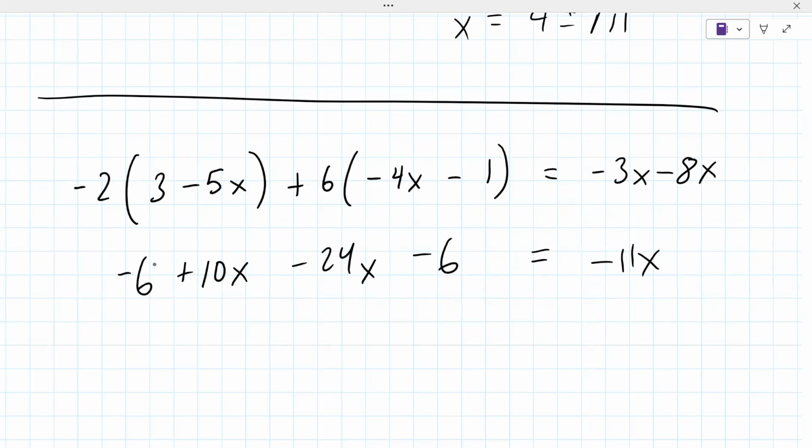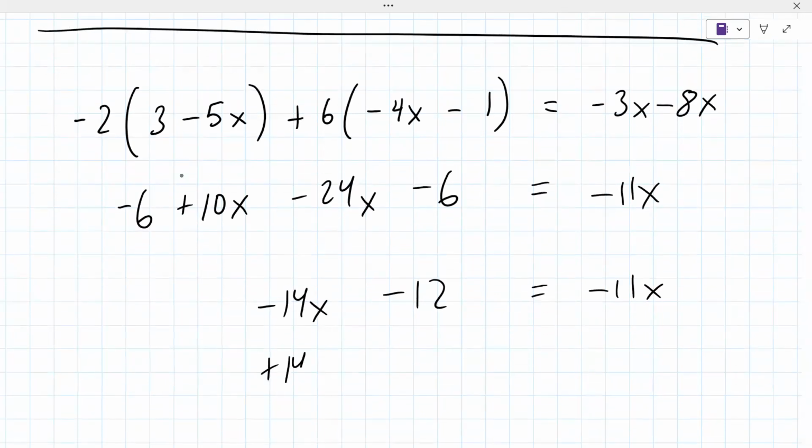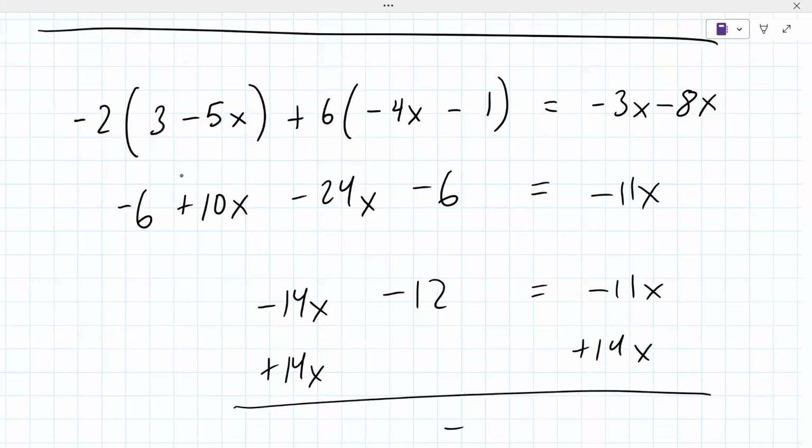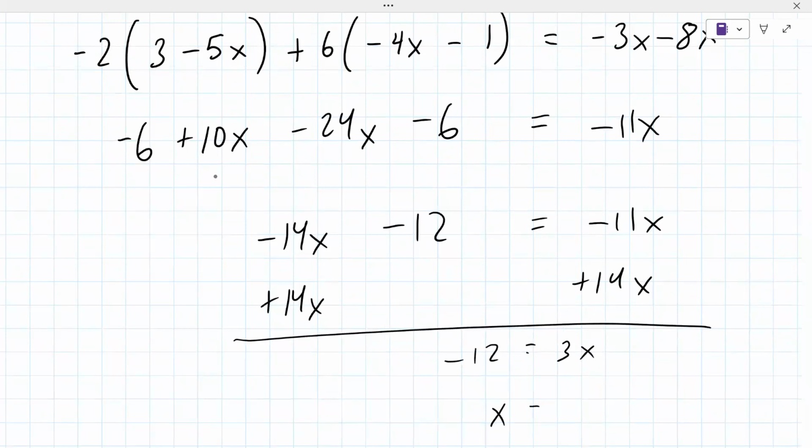So this becomes -14x minus 12 equals -11x. Is that what you have? Yes. Okay, and it does actually work out nicely, which was a total shocker because I just made these up. So x does equal -4. Good.